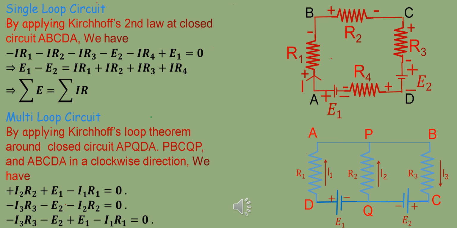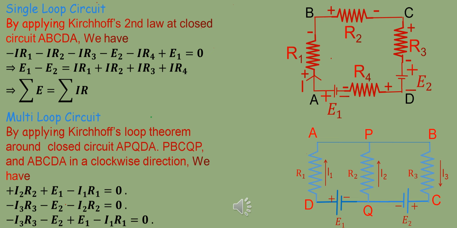When we go from P to Q, potential will rise, and the potential rise will be I2 R2.